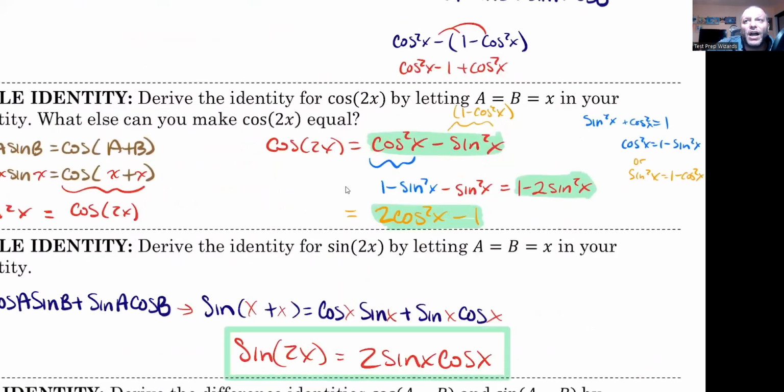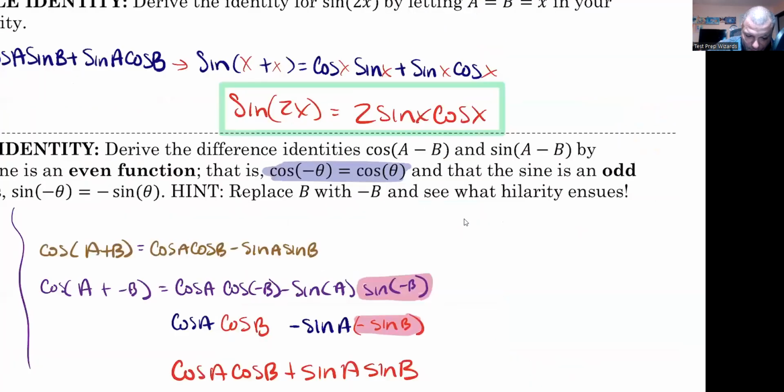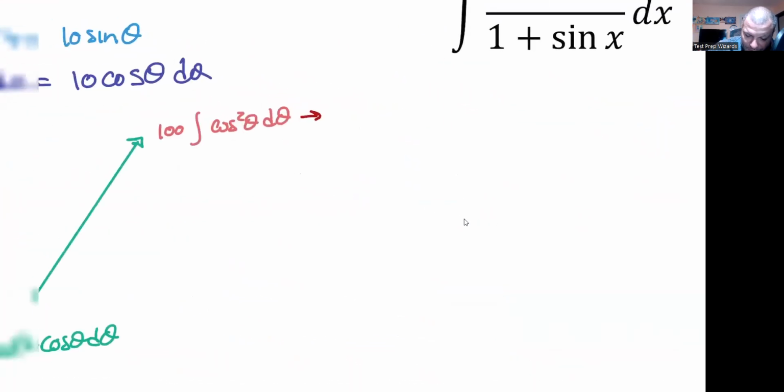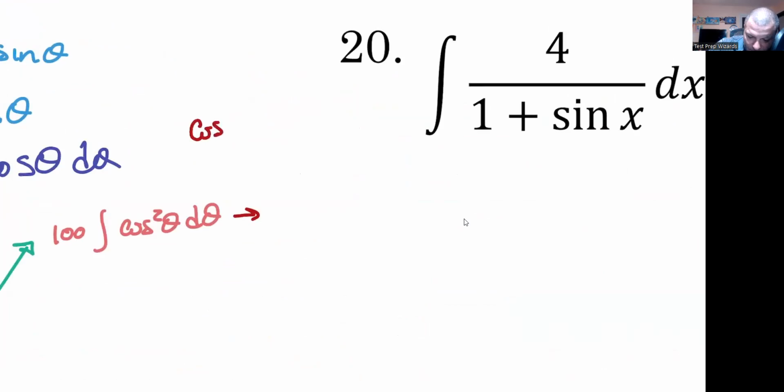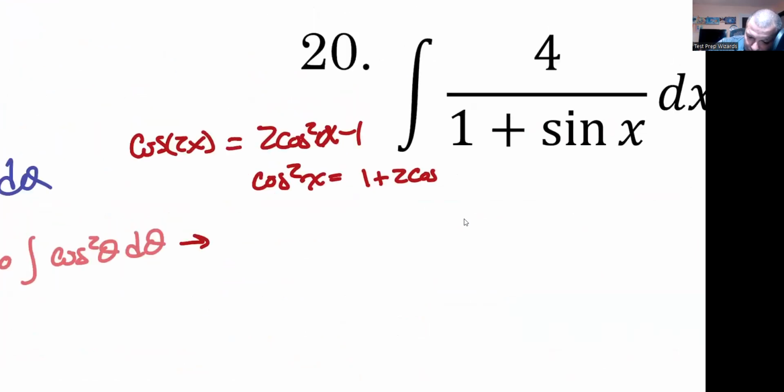Here, right? So we know that cosine of 2x is equal to 2 cosine squared of x minus 1. If we use that, cosine of 2x equals 2 cosine squared of x minus 1, then cosine squared of x would equal 1 plus cosine of 2x over 2.